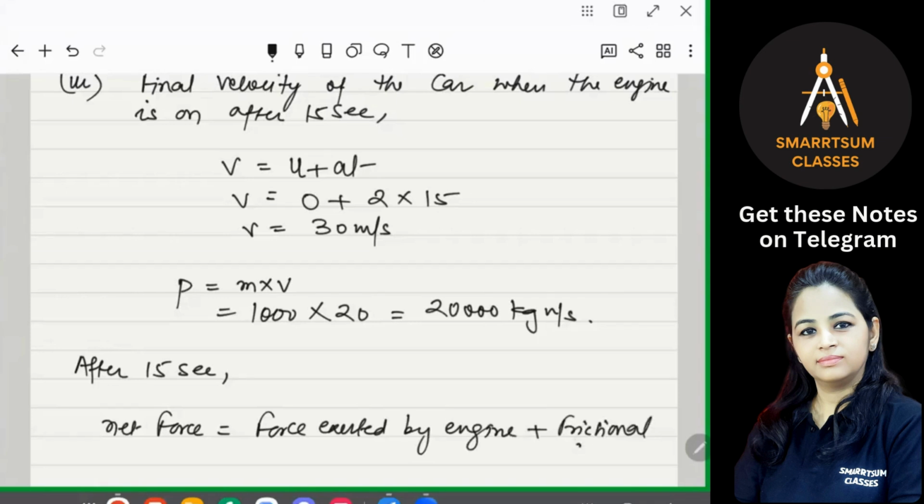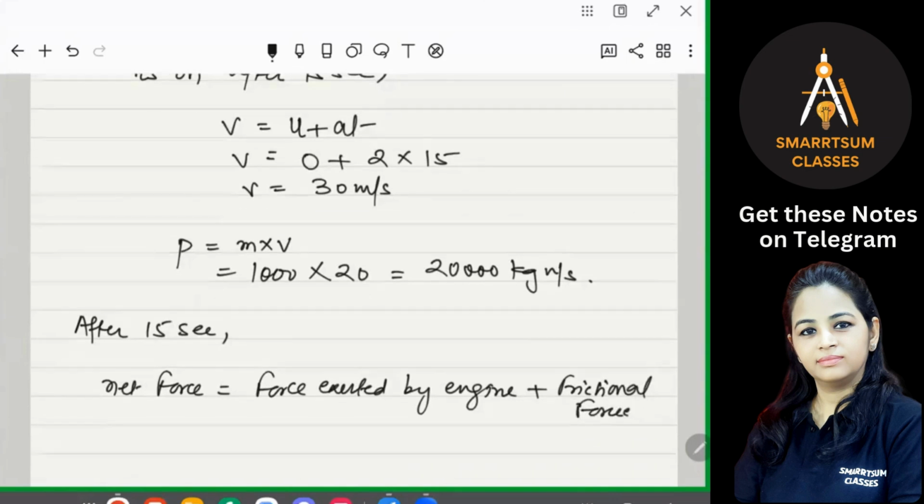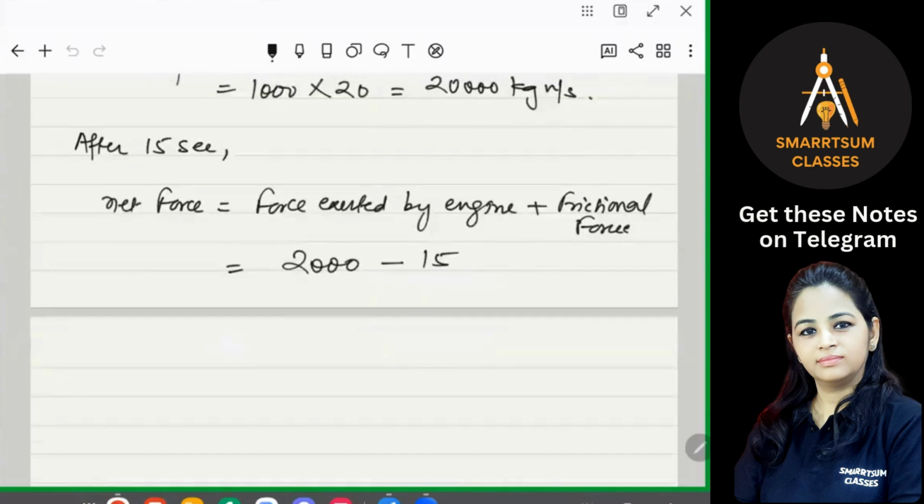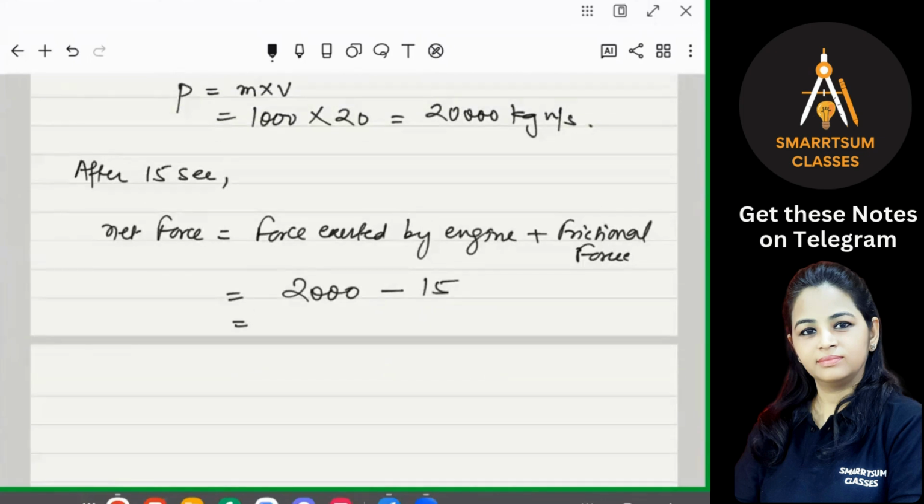Net force is always the sum of all the forces, right? Now, force exerted by the engine is 2000 Newton, right? But the frictional force is in the opposite direction. So we will take it as negative, minus 15, right? So what is the net force acting on the car? That is 1985 Newton.